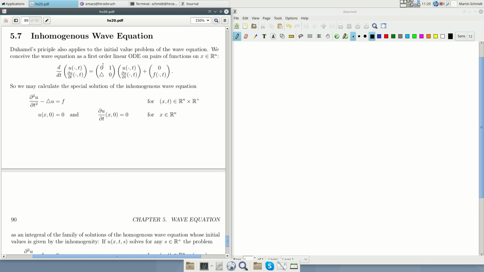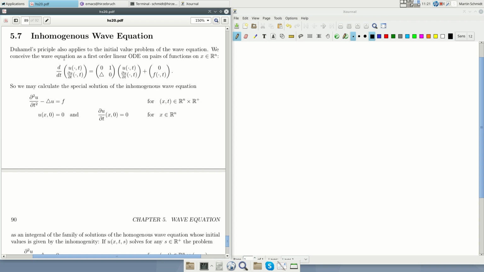The derivative of the first component is just the second component, and the inhomogeneity doesn't give any contribution for the derivative of the function u. And the derivative of the derivative, so of the second component, is of course the Laplacian of the first component plus the inhomogeneity in the second component.